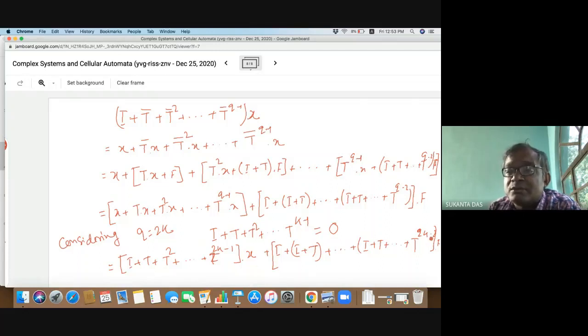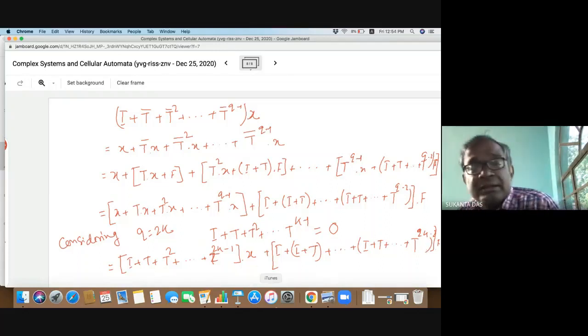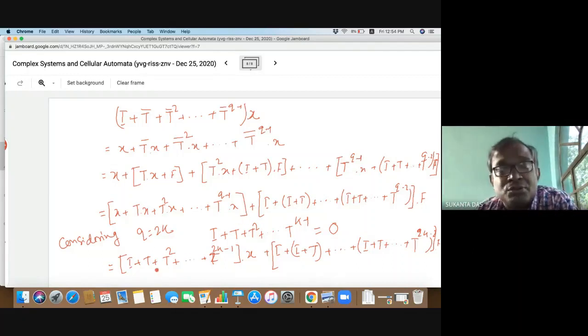Okay, that will be the first bracket, then this one. So I am putting here 0. So what will happen? To the power k minus 1 is 0. So up to this, the one term is to the power k minus 1.